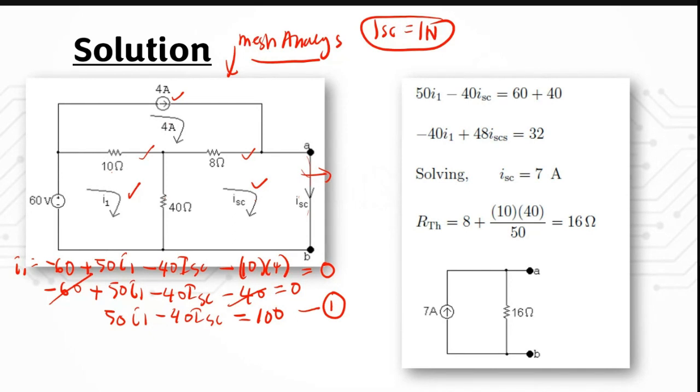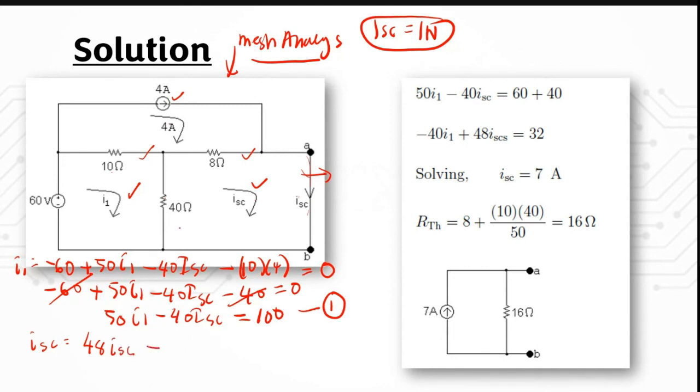Okay, and then we want to get the equation in ISC. So just total up the resistance here, where 40 plus 8, you will have 48 ISC.